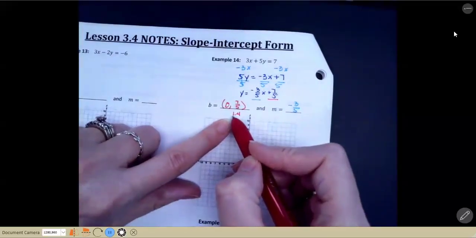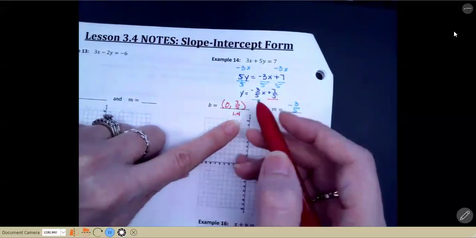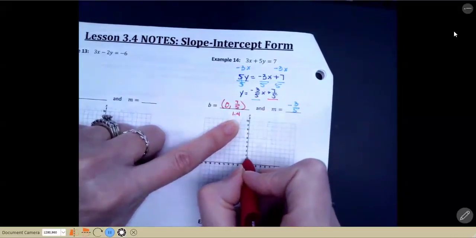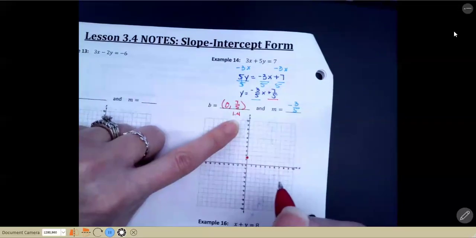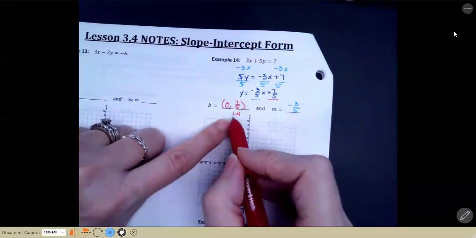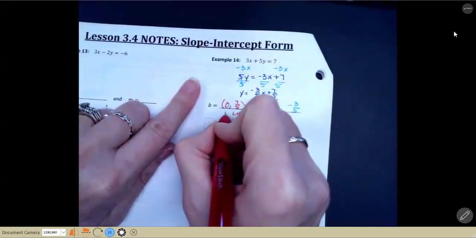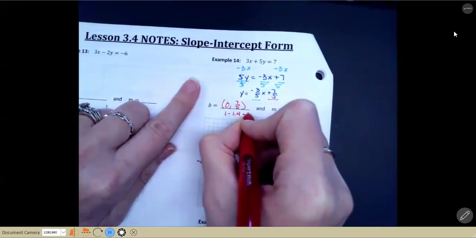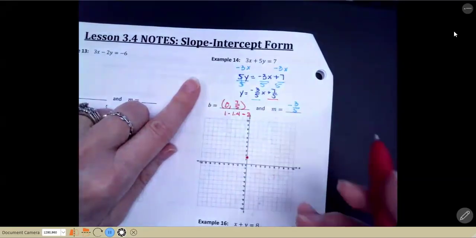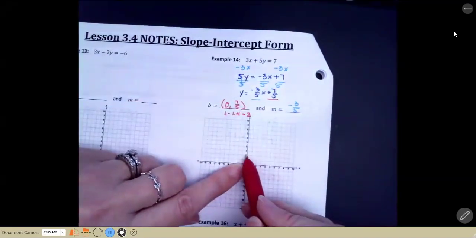I'm going to plot a point on my y-intercept at 1 and a little bit. So I'm going to go up 1 and just a little bit more. It's going to be between 1 and 2 because 1.4 is in between 1 and 2. Okay? So I just graph at 1 and a little bit.